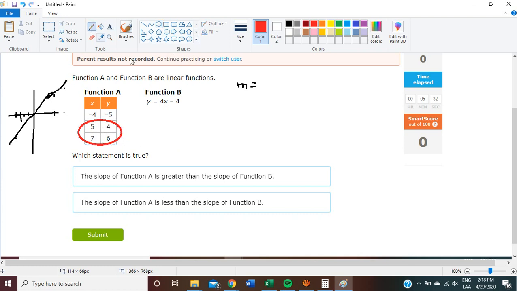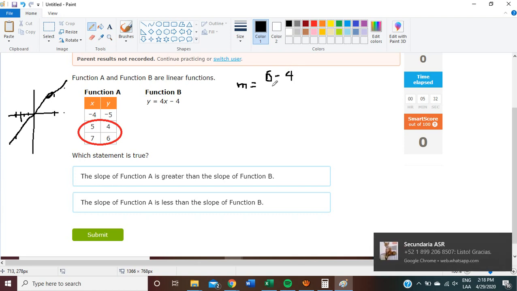All right. So what is the change in y? It is 6 minus 4, always write the minus symbol, divided by the change in x, 7 minus 5.